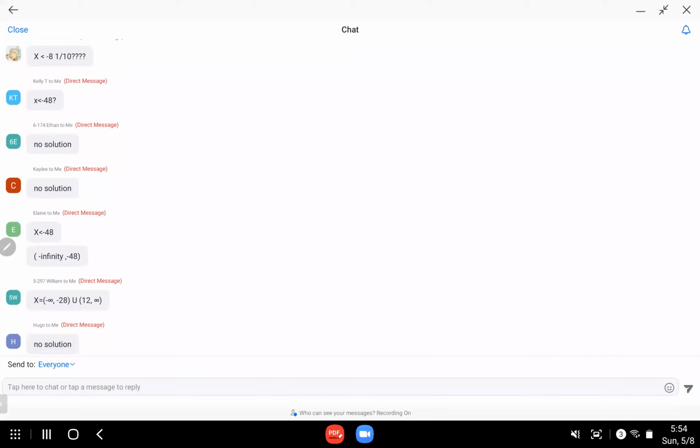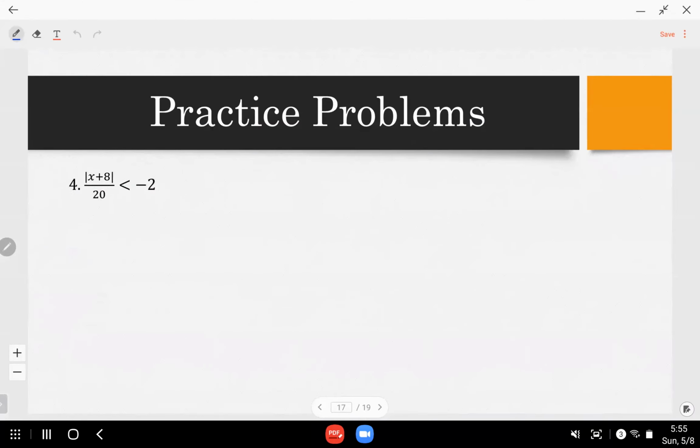All right. Hugo says no solution. Kaylee says no solution. Okay, so let's look at this. No solution. How do you do this? If you multiply everything by 20, you get x plus 8 less than negative 40.